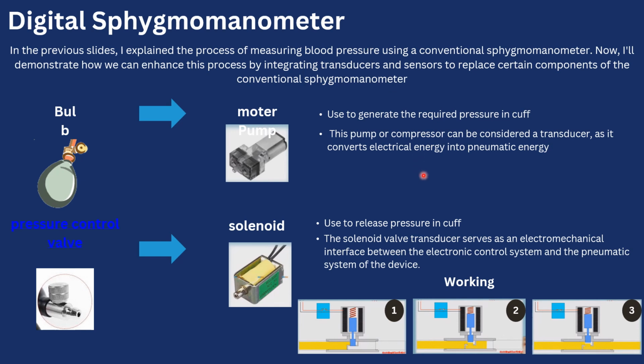Pressure control valve. The pressure control valve is very important when we go to the third step, and a solenoid is the best replacement for it. It is used to release pressure in the cuff, the same thing that the pressure control valve does. A solenoid valve transducer serves as an electromechanical interface between the electronic control system and the pneumatic system of the device.